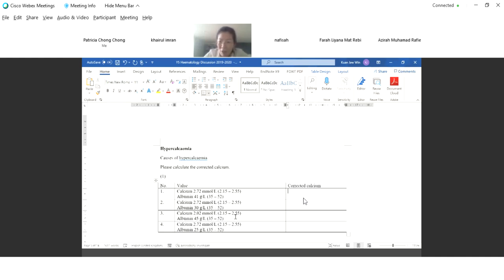Because the time is running out, now is 10 o'clock. Can you all take a picture of this? You all calculate. Later I'll give the group leader the answer, so you all counter check the answer of the corrected calcium. Maybe you all just take a picture, then later calculate just to practice.